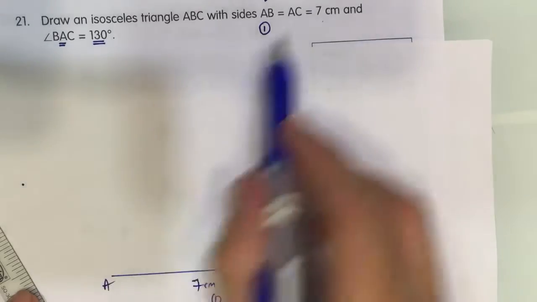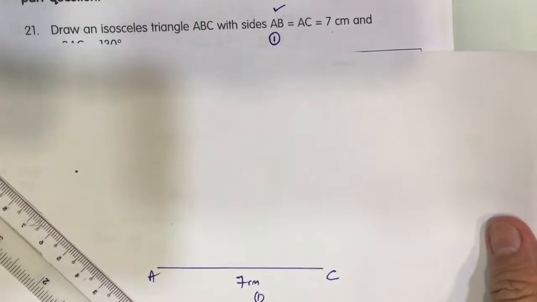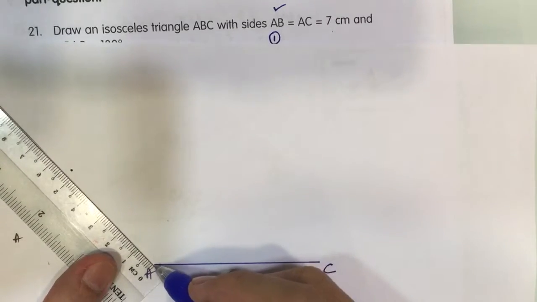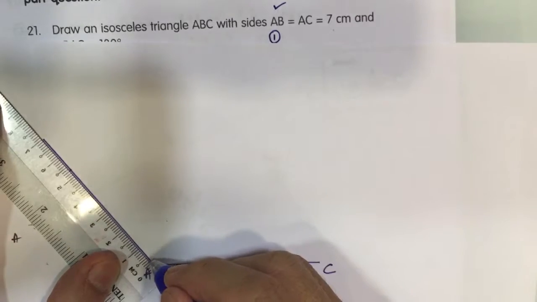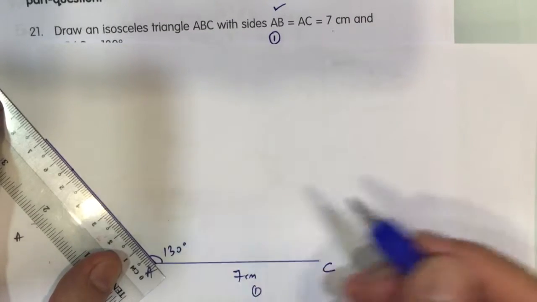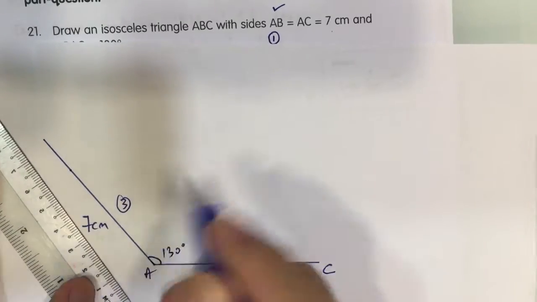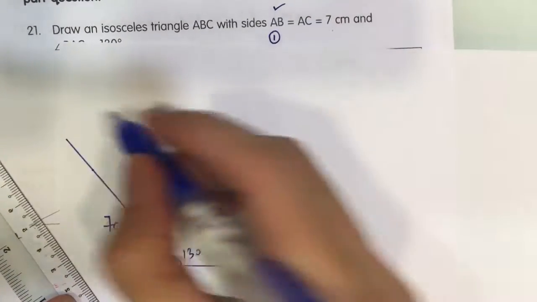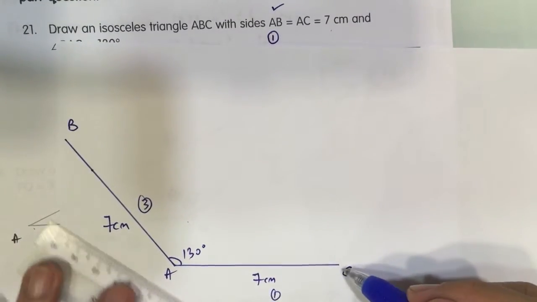And this is my AB. AB is how many? 7 cm. So again, I'll measure 7 cm here. So this is my step 2, angle. Then my step 3, I draw the distance 7, and this is my point B. So done, right? So I can join point B to C.